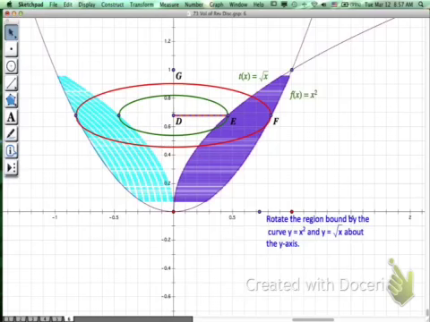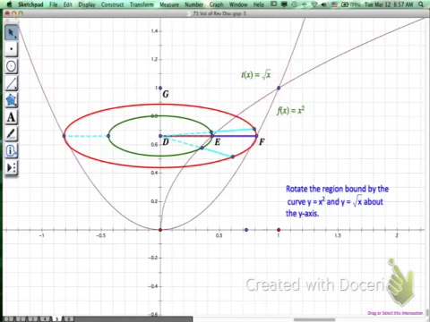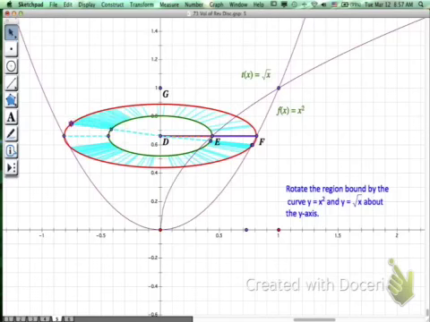If we consider the rings that are formed, you're going to look something like that. And again, they'll look different. They'll have different sizes wherever you are on the curve, but they will always have a smaller radius for the inside ring and a bigger radius for the outside ring.